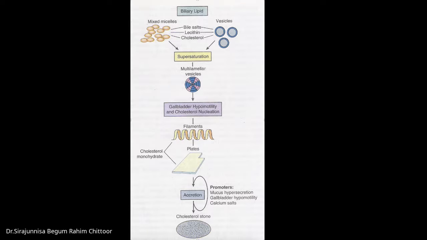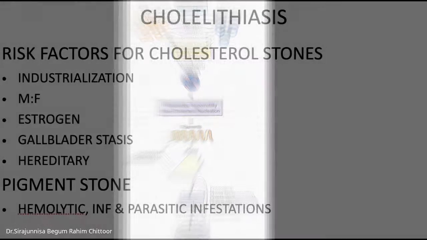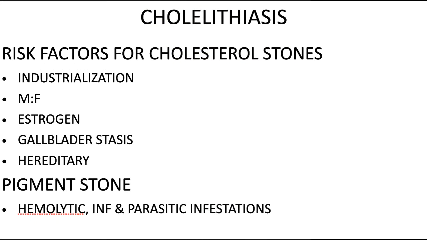It promotes hypermucus secretion and gallbladder hypomotility, and calcium salts along with the supersaturation of the bile will give rise to a hard, pale yellow cholesterol stone.